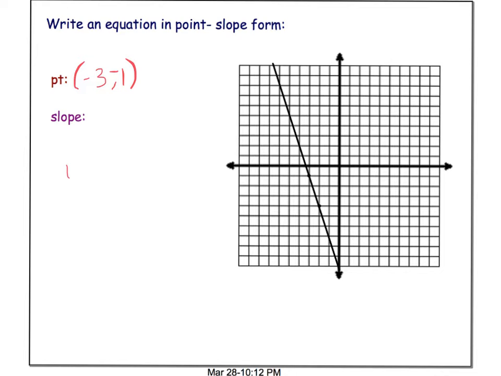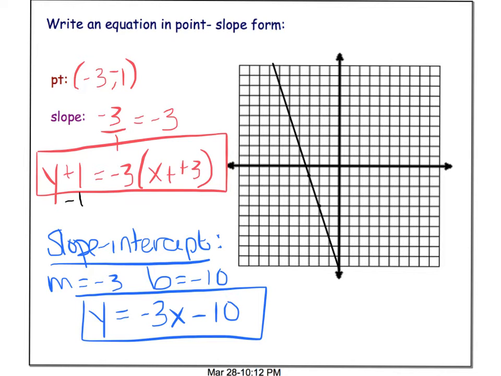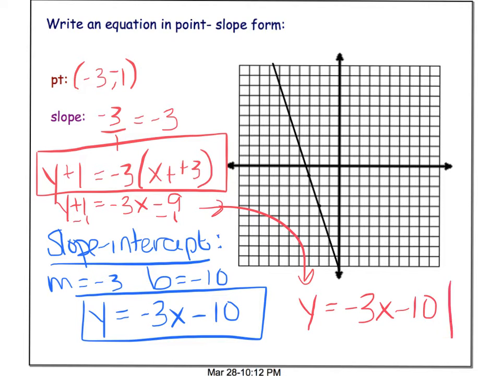You can always test it out by solving this one up here. You have to distribute first. And making sure that they end up being the same equation. So you're going to subtract 1 now from both sides, and there you'll see it, that your final result will be, let me write it down here, y equals -3x minus 10.